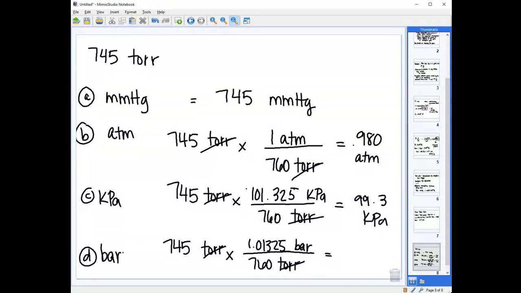So I'm going to say 745 times 1.01325 divided by 760, and I get 0.993 bar, which answer makes sense because that's a little bit less than the 1.01.